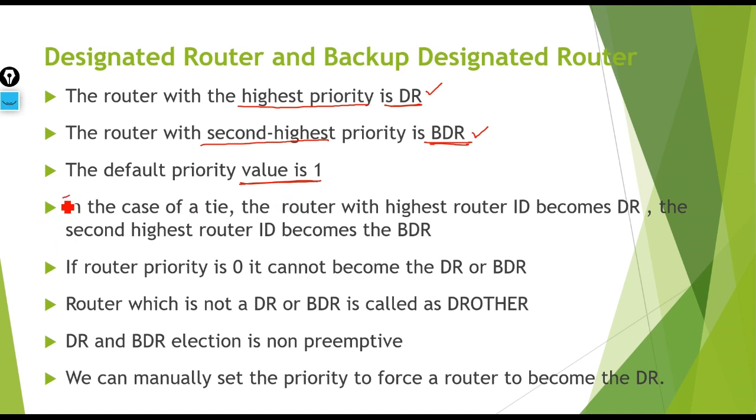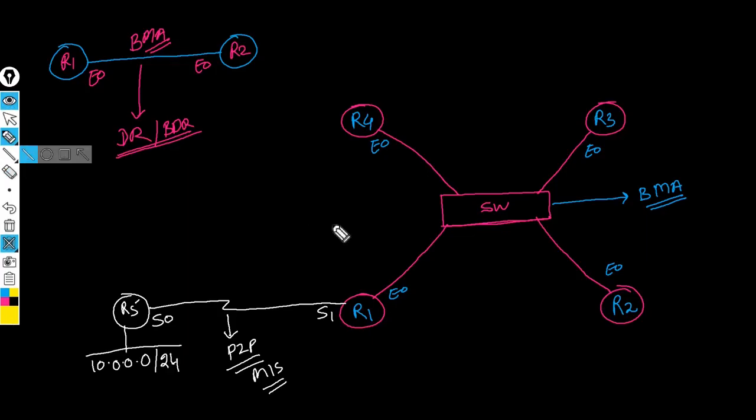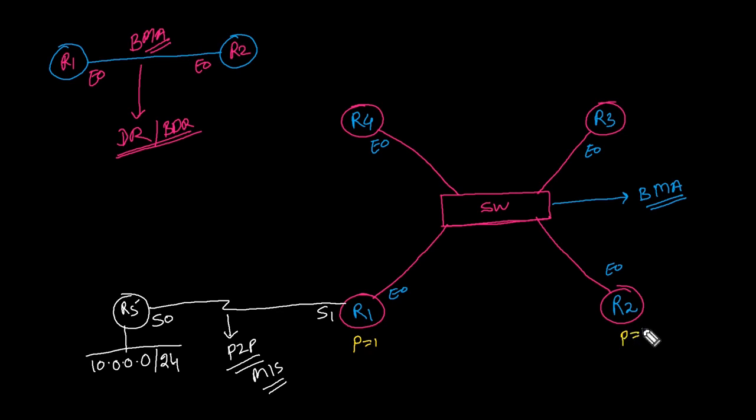What happens in case of a tie? In case of a tie in priority, the router with the highest router ID will become the DR, and the router with the second highest router ID will become the BDR. So right now, the priority for all the routers is 1.